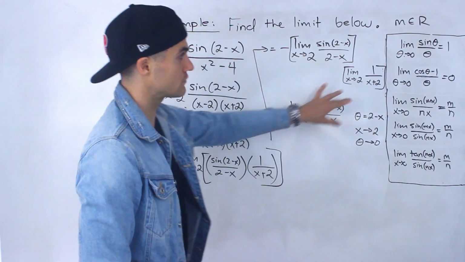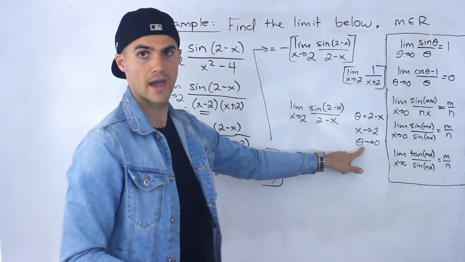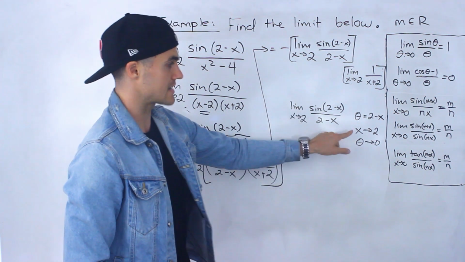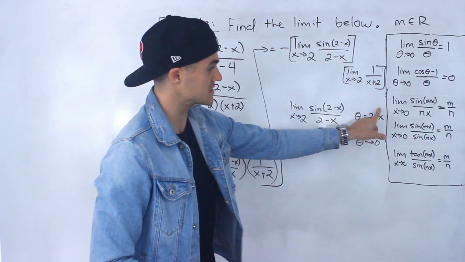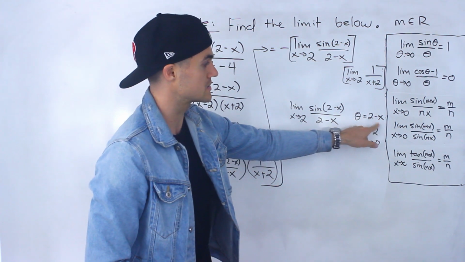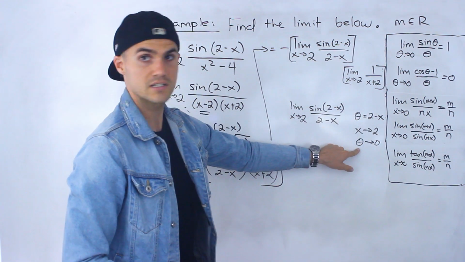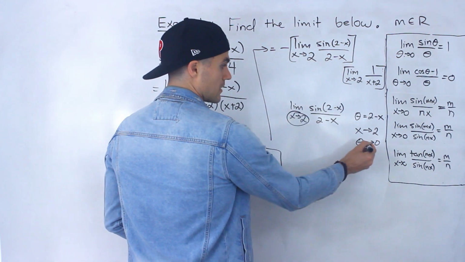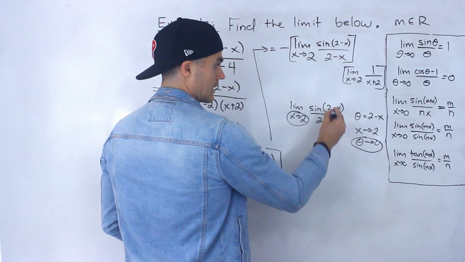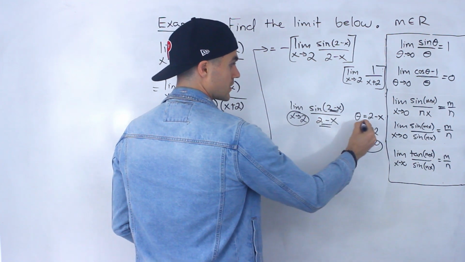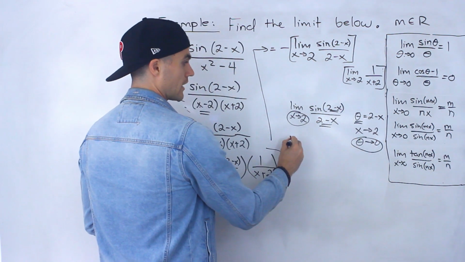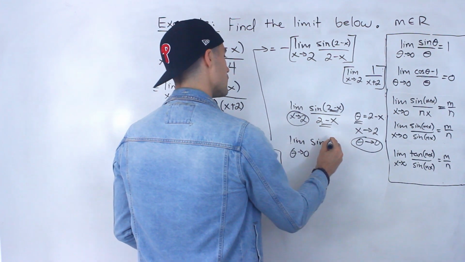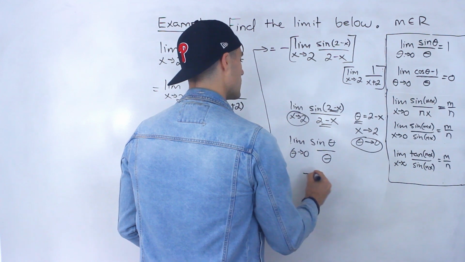When we do that change of variable to get into this format, we want that happening every time, and notice it is happening. So we can sub in theta for these expressions, and we end up with the limit as theta approaches 0 of sine of theta over theta.